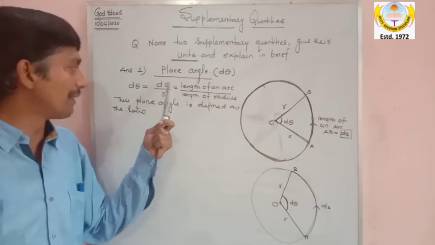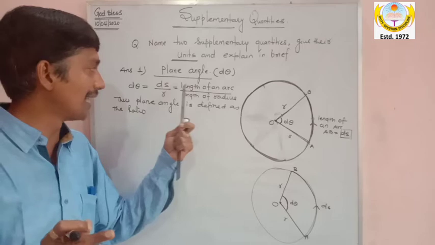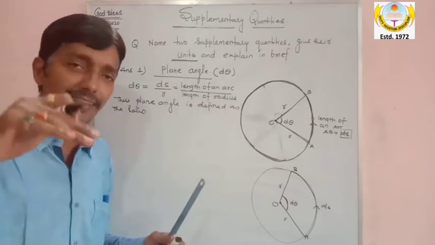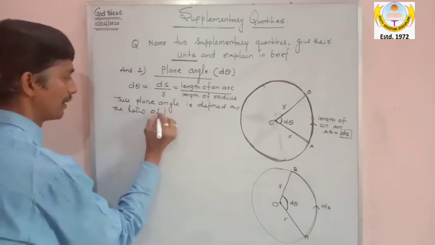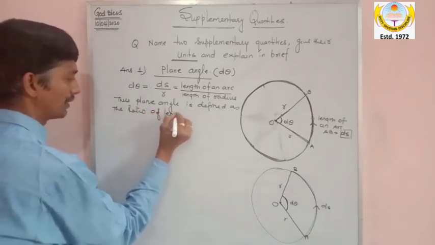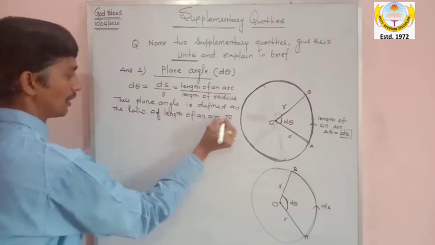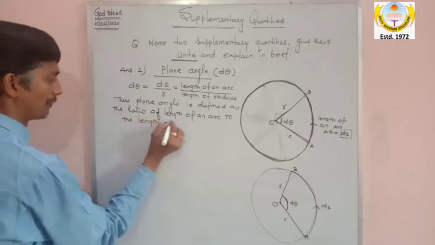So in the numerator we have arc length, and in the denominator we have radius length. So while writing this in definition form, you write it is a ratio of length of an arc to the length of radius.